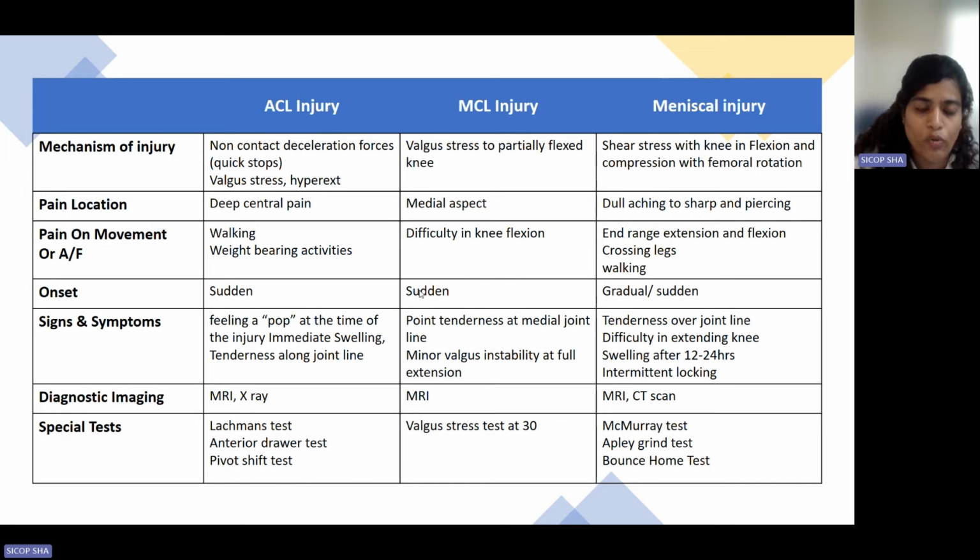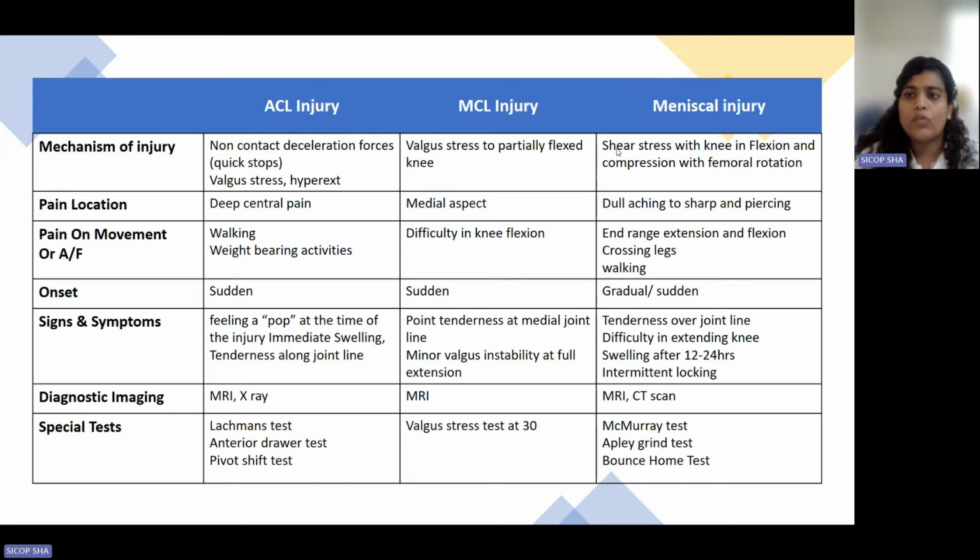Sudden onset is there because of trauma, with tenderness at the medial joint line. Minor valgus instability is there at full extension. The diagnostic image is, again, the gold standard MRI. The special test for MCL injury is valgus stress at 30 degrees.